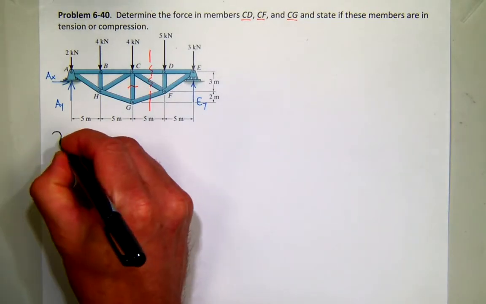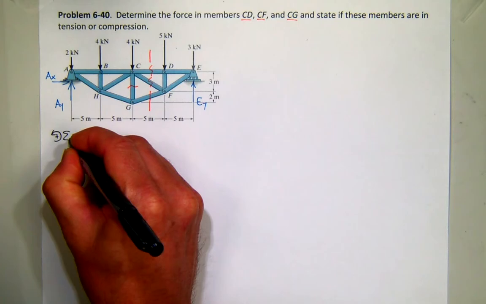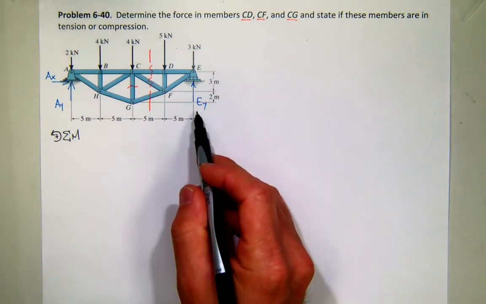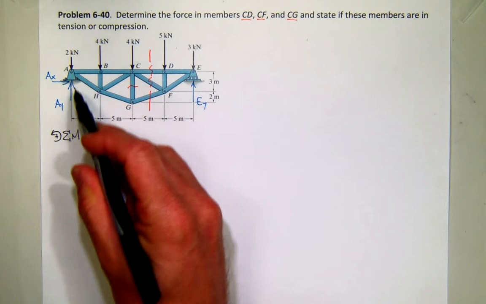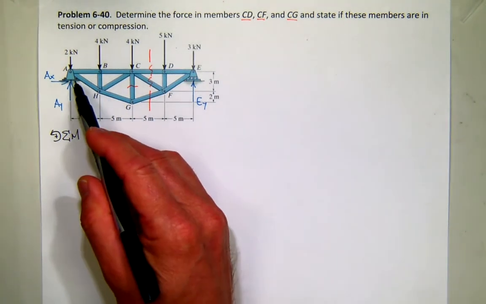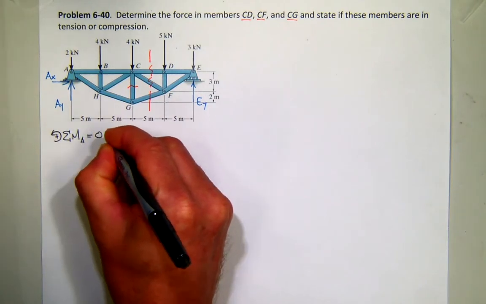So I'll sum moments, use right-hand rule for my sign convention. And where should I sum moments if I'm trying to get EY? Looking at the entire structure as a rigid body, sum moments at A. So let's sum moments at A, set it equal to equilibrium.